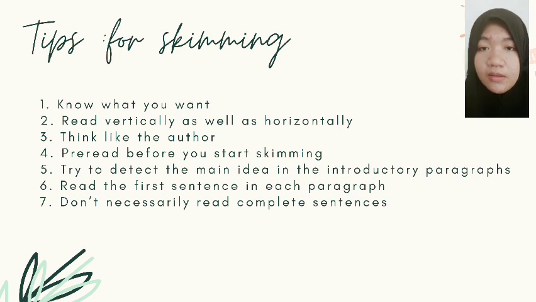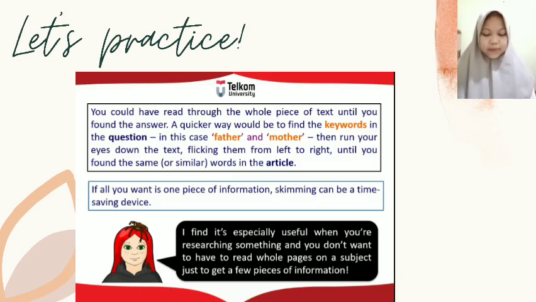That's all for me. Example of skimming. When we do skimming, we must know what words we want to search. As in the first example, we want to find out what are skim, scan, and keyword. Then we just focus on finding those three words or similar words without reading the entire text.